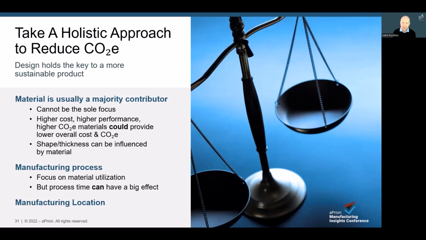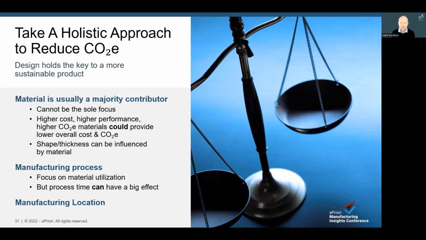Because the shape or the thickness can be influenced by the material, we could get away with a maybe stiffer, stronger, more expensive material, because we can use less of it. And if it's got a different cycle time, then that's going to affect our processing emissions. So there's a lot of balancing acts that we can do to achieve the results that we're looking for.